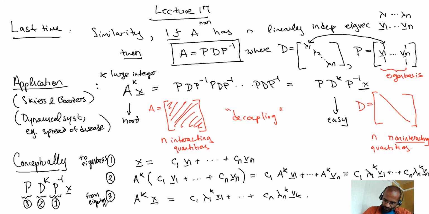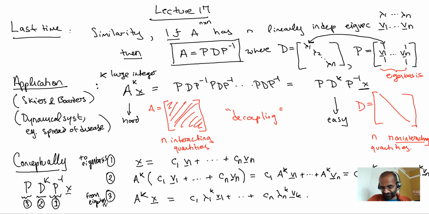Okay, so I want to make one more remark. In the skiers and borders example, there was one eigenvalue equal to 3/2 and one eigenvalue equal to 1. And as we took a large power, the 3/2 eigenvalue blew up because 3/2 to the 10 or whatever the number was is big, but the eigenvalue 1 didn't blow up.